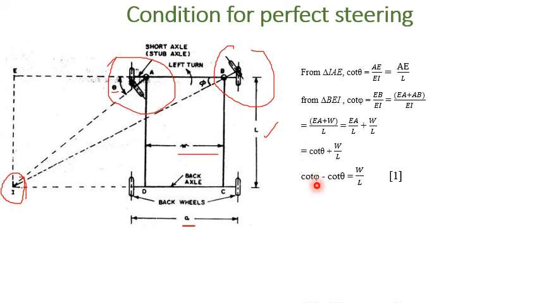Therefore, cot phi minus cot theta is equal to W by L. Call this equation number 1. This is the fundamental equation for correct steering. If this condition is satisfied, there will be no skidding of the wheels when the vehicle takes the turn.